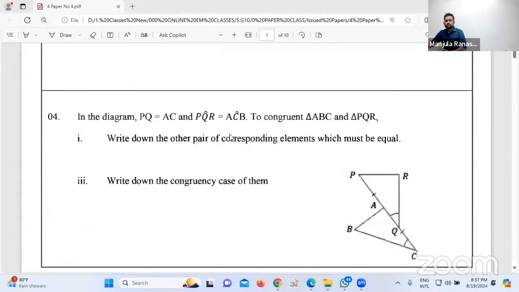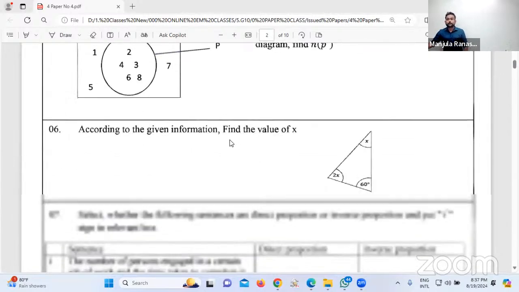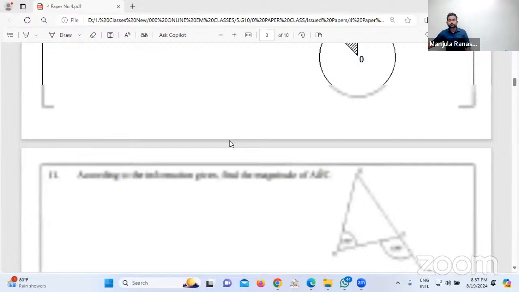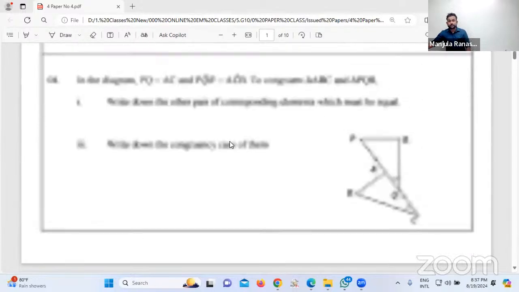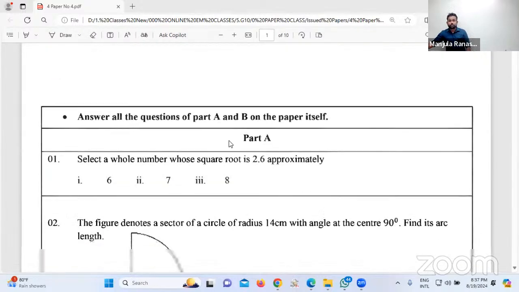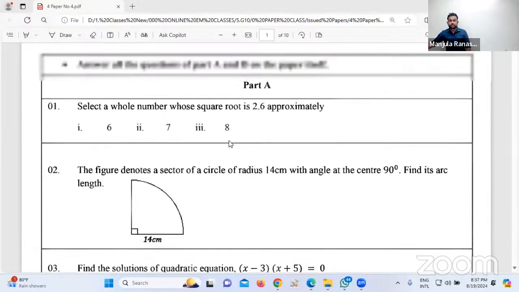One by one we will discuss the questions. It is a standard paper, so you can make your own notes and corrections accordingly.